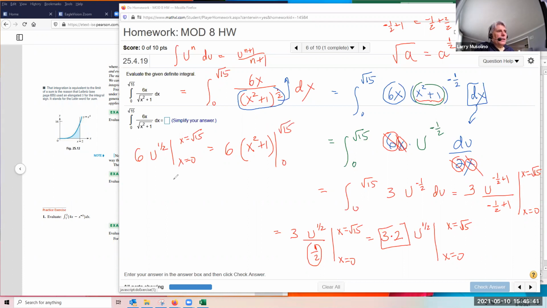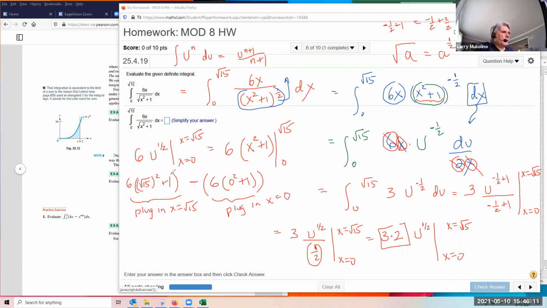All right, now I can plug in. So now I'm going to plug in x equals square root of 15. So that's going to be 6 times the square root of 15 squared plus 1 minus 6 times 0 squared plus 1. Right back here is where we're plugging in x equals 0.